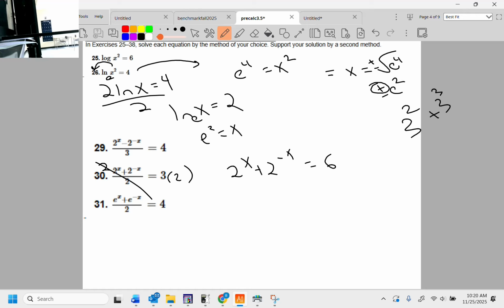What could we do on this one? I bet it's going to start with an F. Let's look at it like this. 2 to the x plus 1 over 2 to the x is 6.